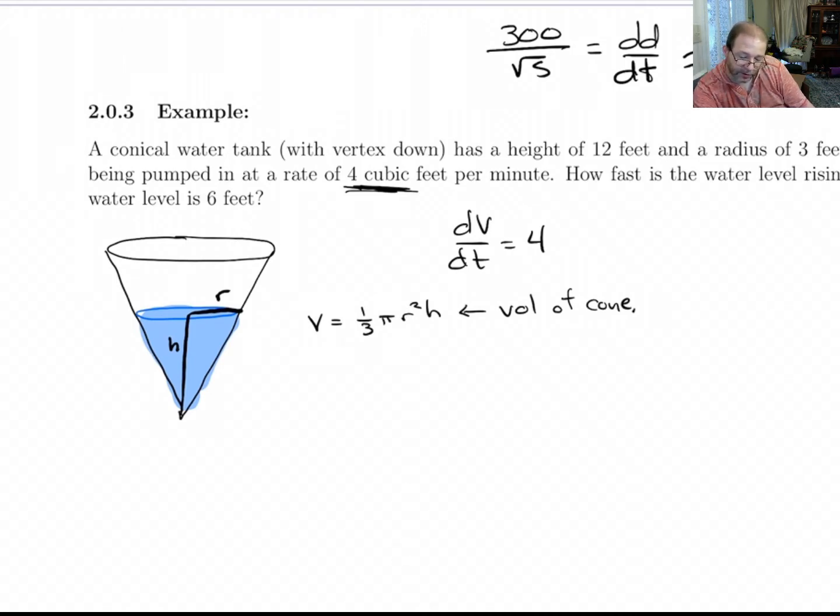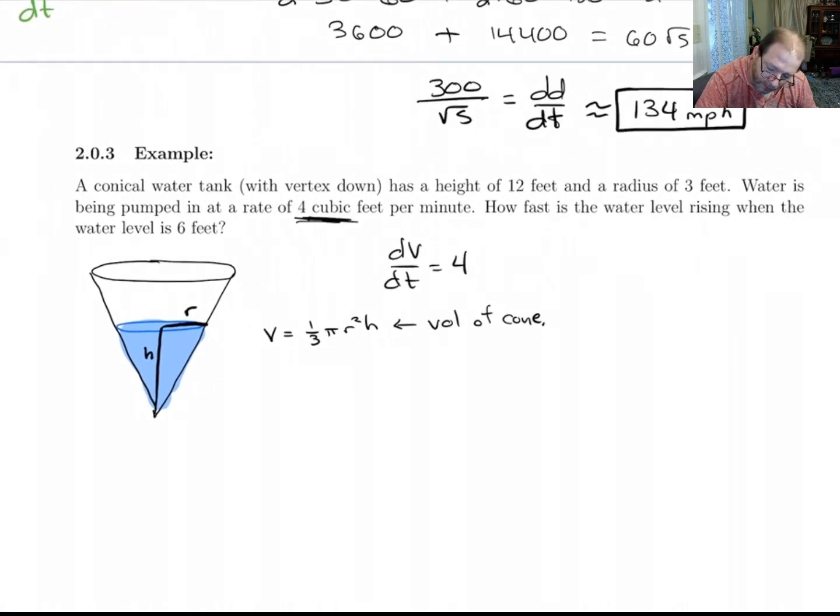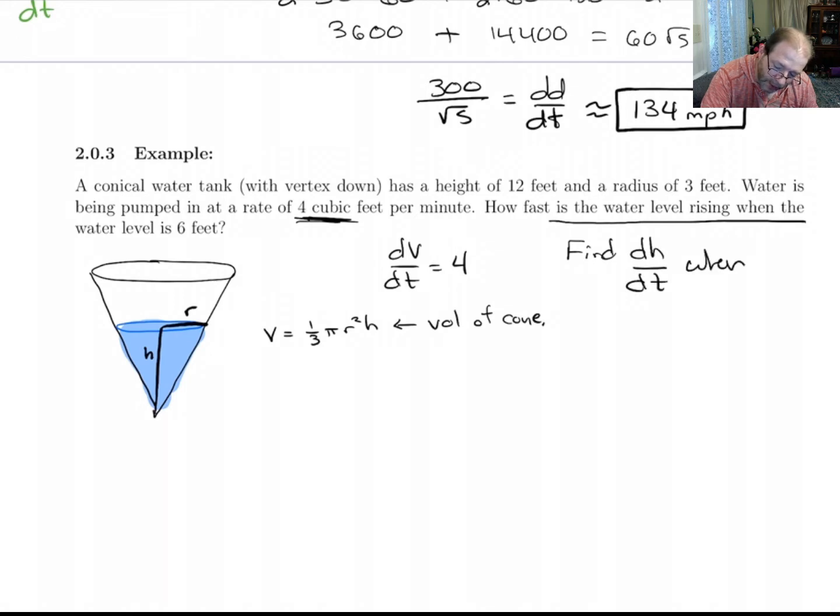All right, so we've got that, and we're given dV dt. And what else are we given? We're given dV dt, and we're asked to find how fast the water level is rising. So we're asked to find dh dt when the water level is 6 feet, so when h is 6.